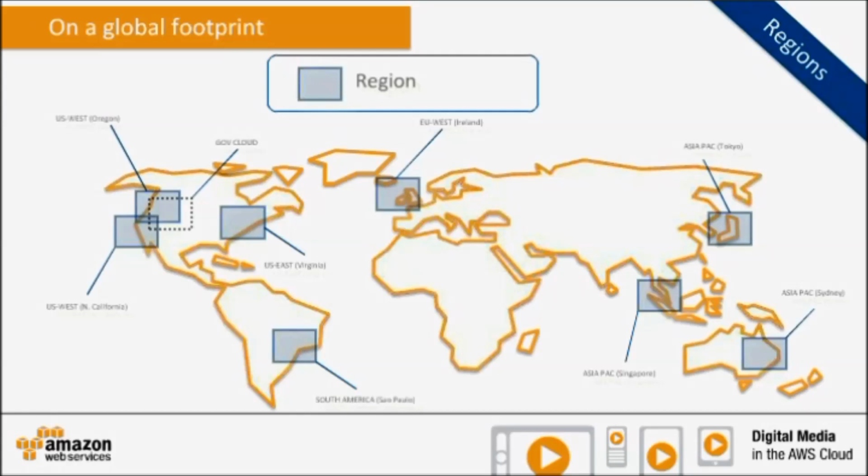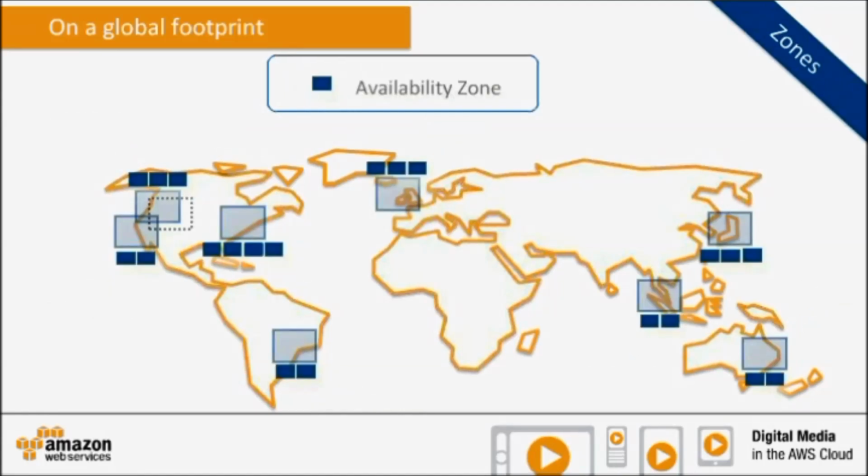As you can see on this map, there are 9 regions currently spanning most areas of the world. Each region is also split into what we call availability zones, making highly available applications possible within a region. You can think of an availability zone as a grouping of potentially multiple physical data centers.